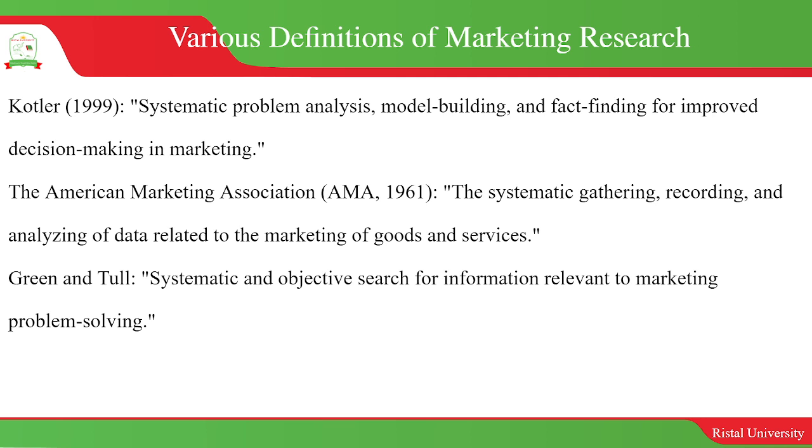All three definitions imply that marketing research is not a process where you move from one step to the other without being systematic. It has to be logical, there should be a logical sequence. That is what we mean by being systematic.